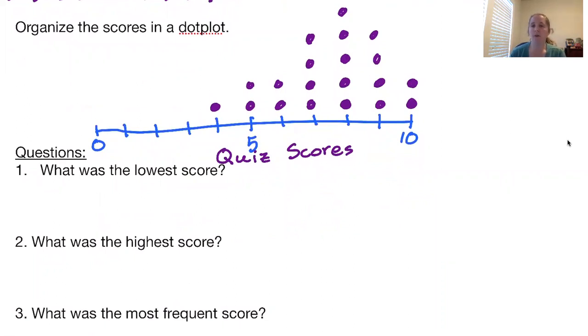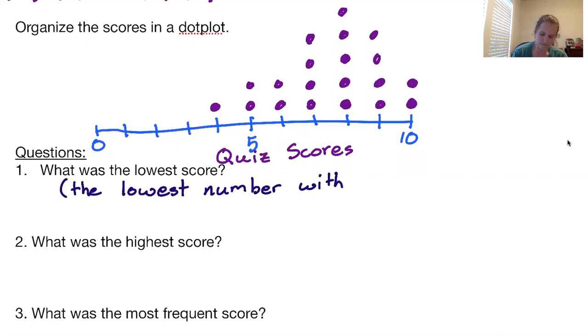If we want to know what was the lowest score, we're looking for the lowest number that has a dot with it. The very first number with a dot was 4.